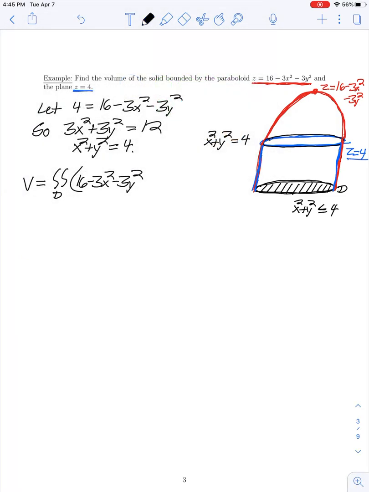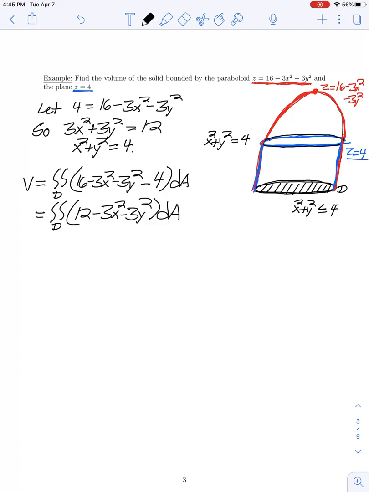And to get that volume, we would integrate over D the constant function z equals 4, so here integrating with respect to area. So we find, after some simplification, the double integral over D of 12 minus 3x squared minus 3y squared, dA.